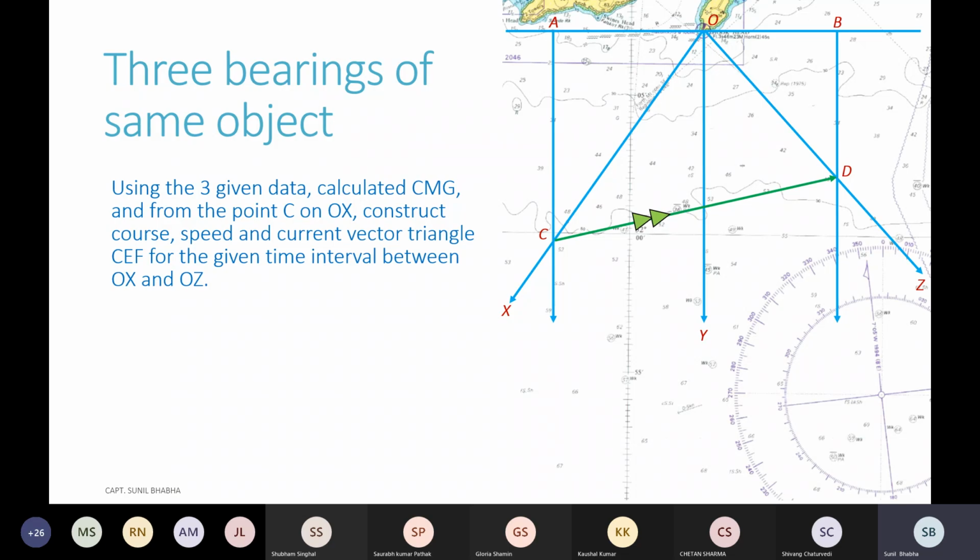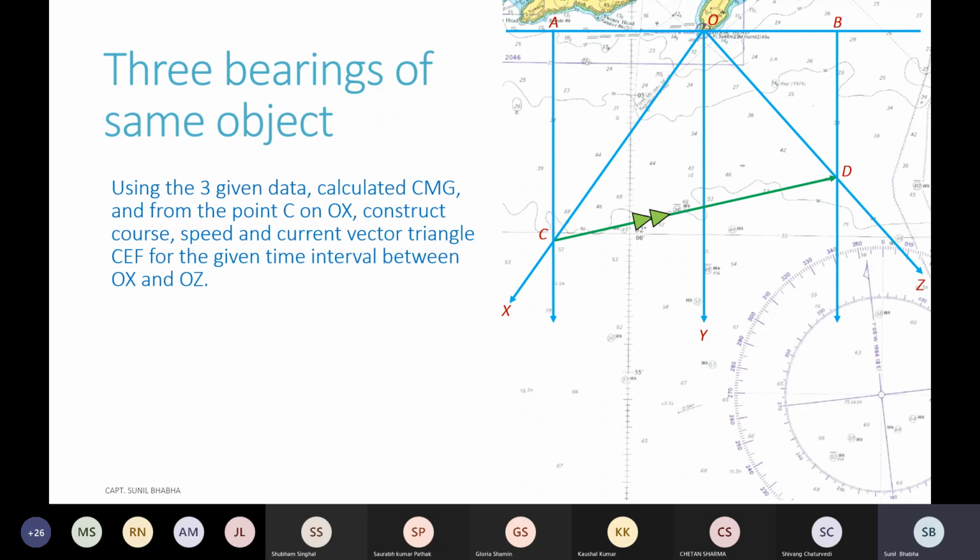The leeway track which we have found will be used in making the course, speed and current vector triangle. We will make this triangle starting from point C.